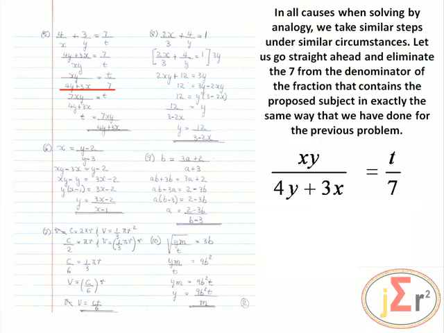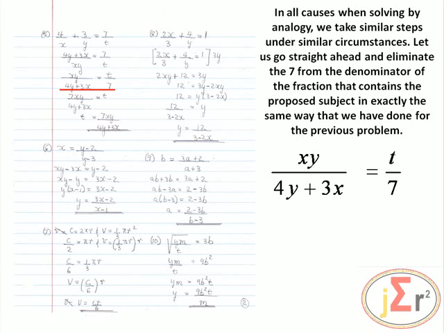In all cases, when solving by analogy, we take similar steps under similar circumstances. Let us go straight ahead and eliminate the 7 from the denominator of the fraction that contains the proposed subject in exactly the same way that we have done for the previous problem.